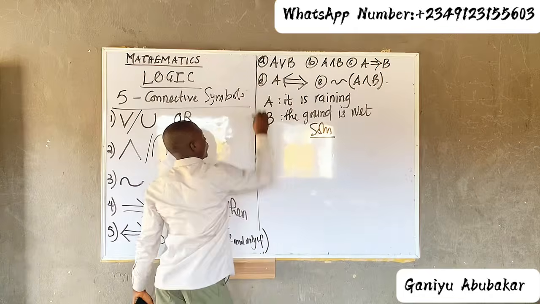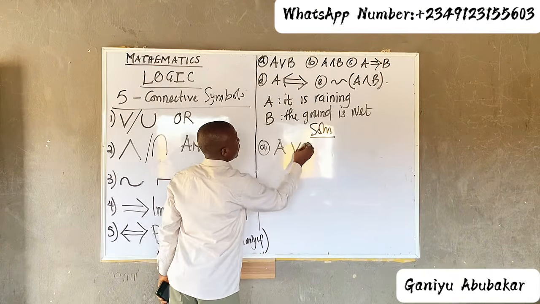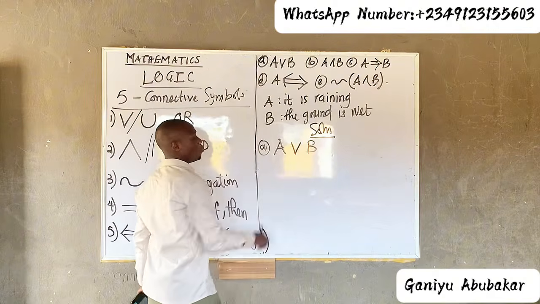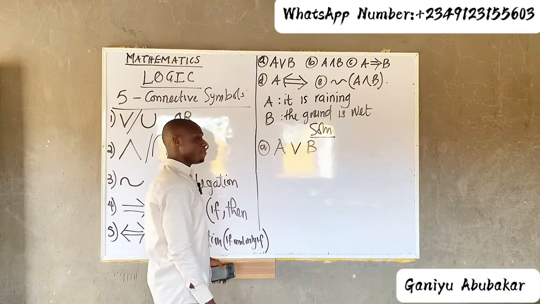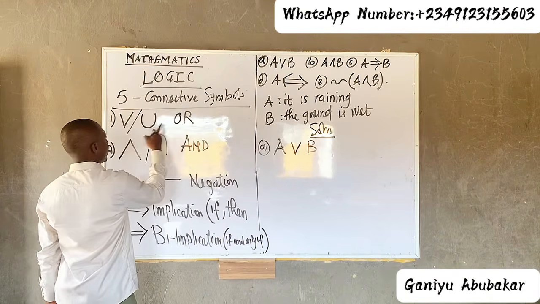So first, the solution. Number one: for A, I have A, then a symbol like V, and then B. This symbol signifies "or."